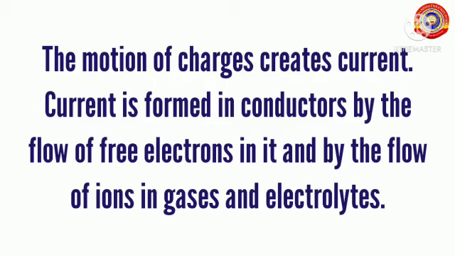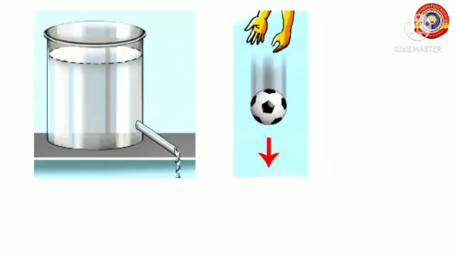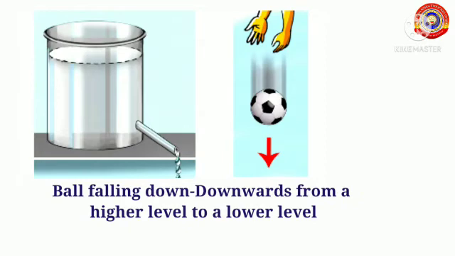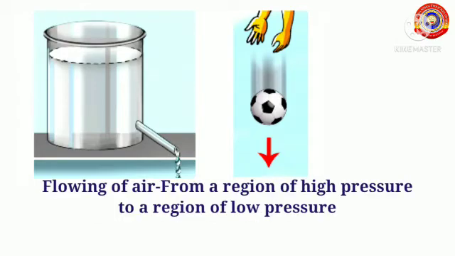So how does the electric charge flow? Let's see. For that, here you can see some situations like flowing of water, falling down of a ball, etc. When the ball is falling down, the direction is downwards, from a higher level to a lower level.